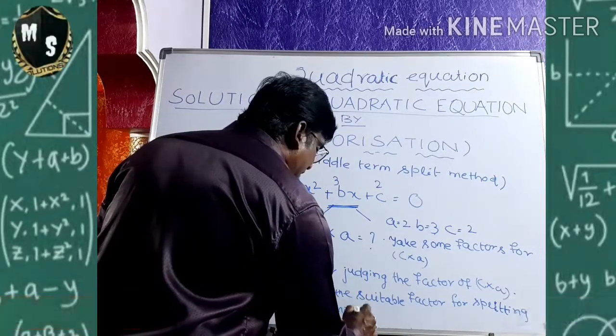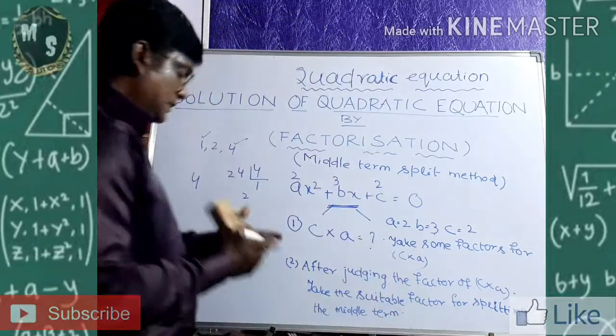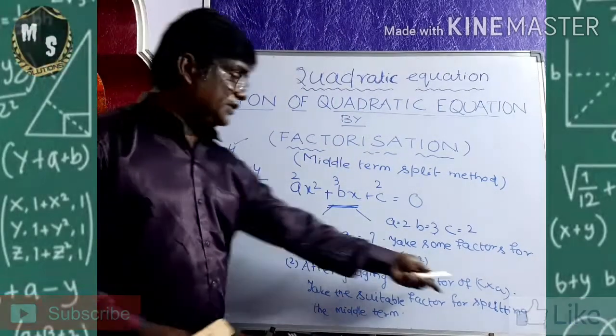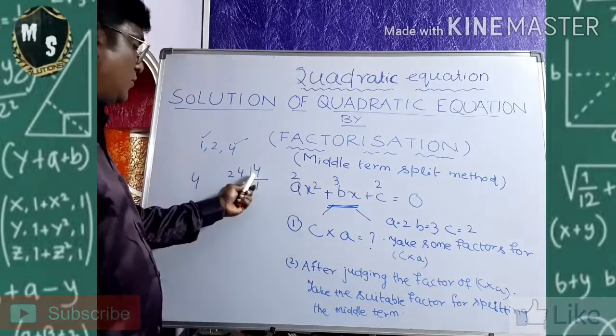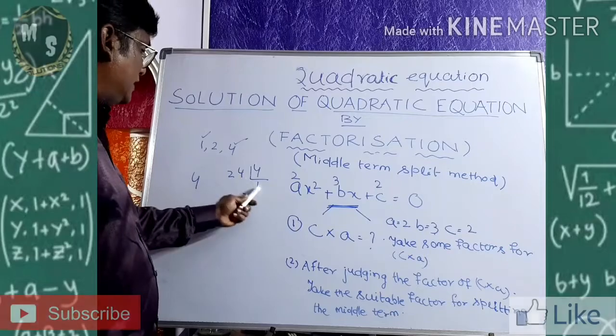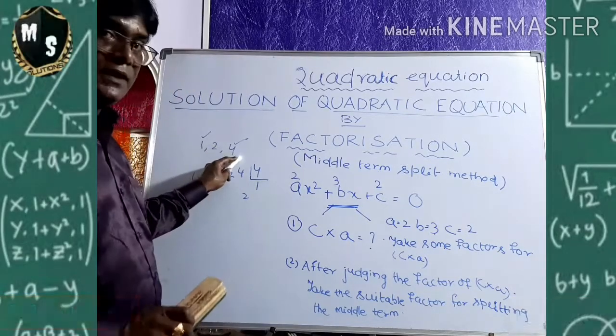I am again explaining it, don't worry. Splitting the middle term. What did I say? After judging the factors of C into A: C into A, 2 twos, what is that? 4. So I judge my factors: 4 ones, 2 twos. I wrote my factors. Clear?